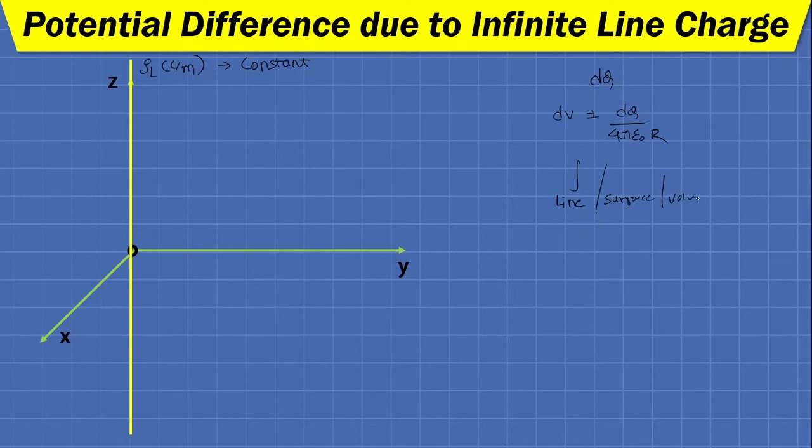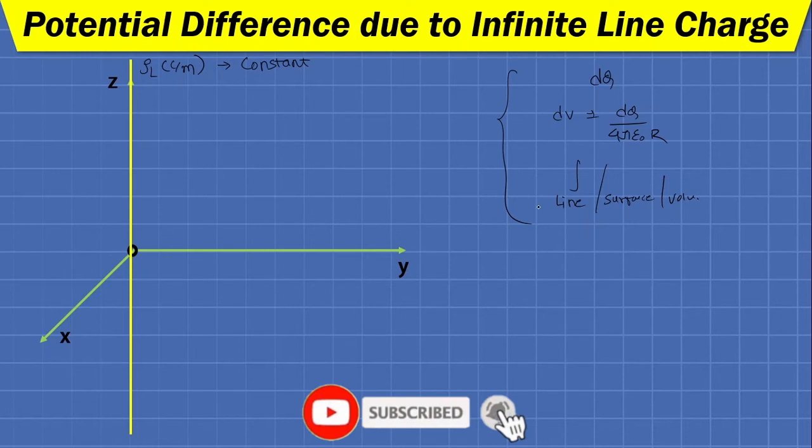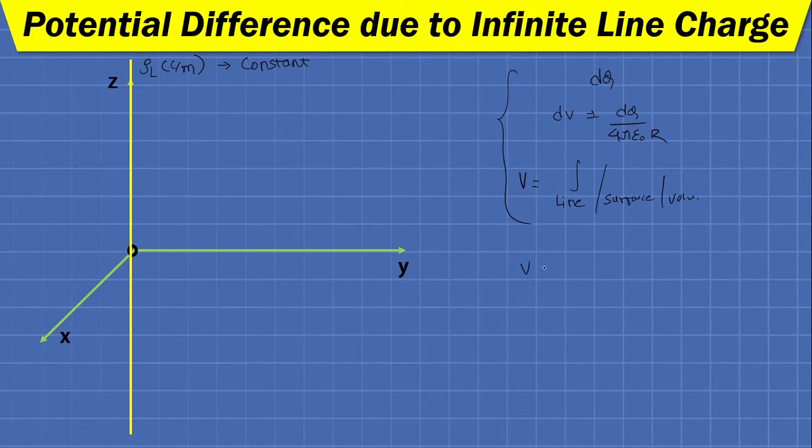Fine. So this is the first way to find the potential. The second way that we have already discussed is that voltage, or say potential, is nothing but the amount of work done in opposition to the field in moving some distance dl. So this is another way.